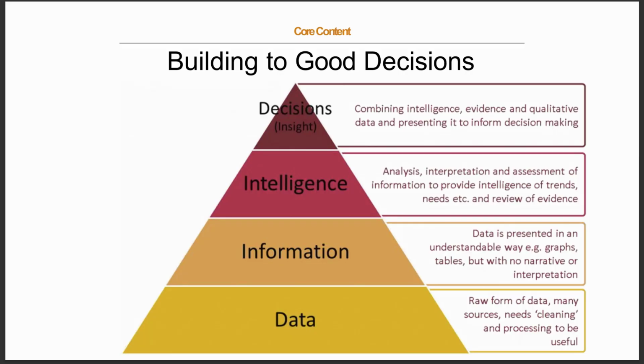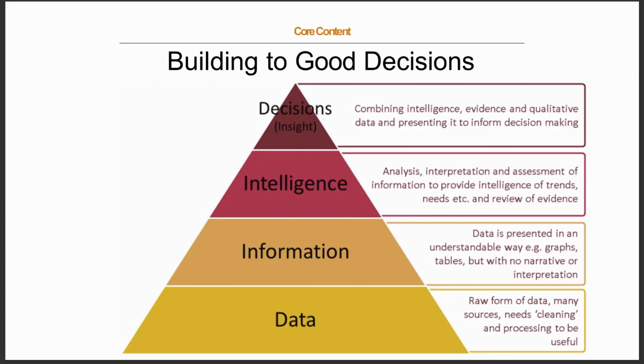Now I'm presenting to you this pyramid that talks about building good decisions. Now this is any decision, even what you're going to eat this morning. So all of the decisions start with data, the raw form of the data. Then after having that data, we have information based on that data.